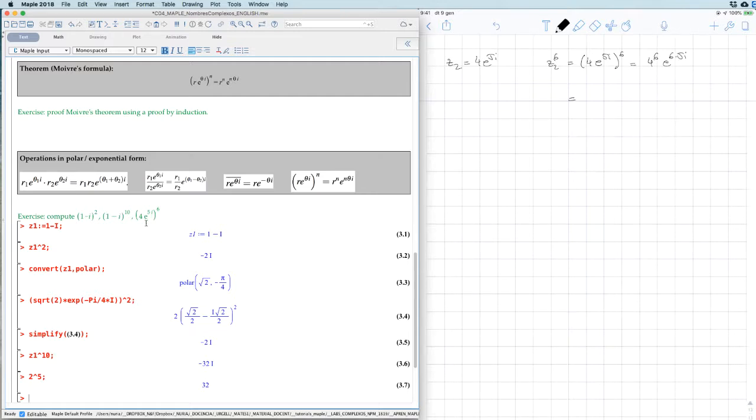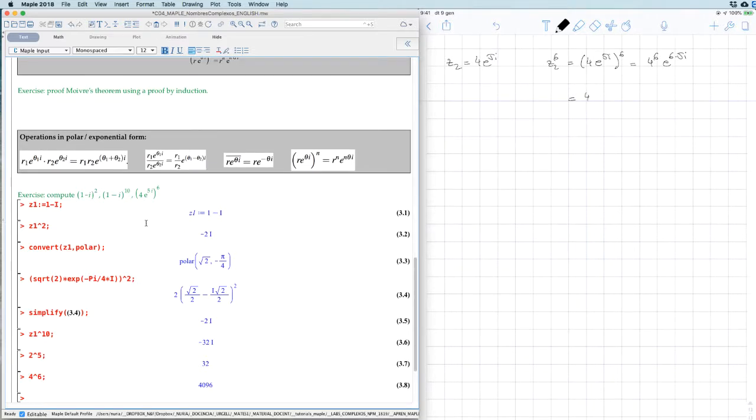So the result is 4096 e to the 30i. Now 30 is not one of the principal angles or the most important angles, so we have to leave it as it is.